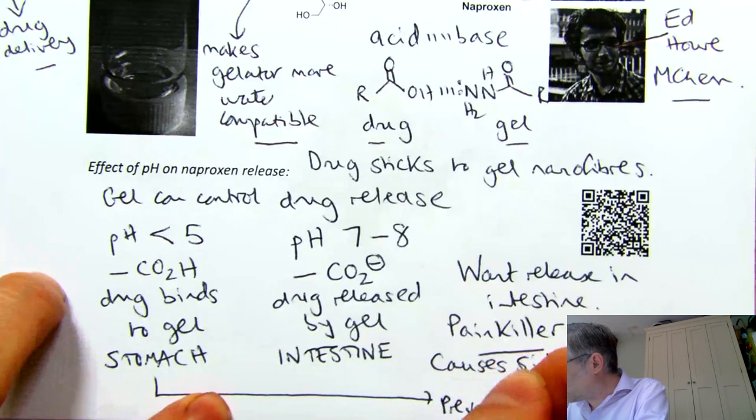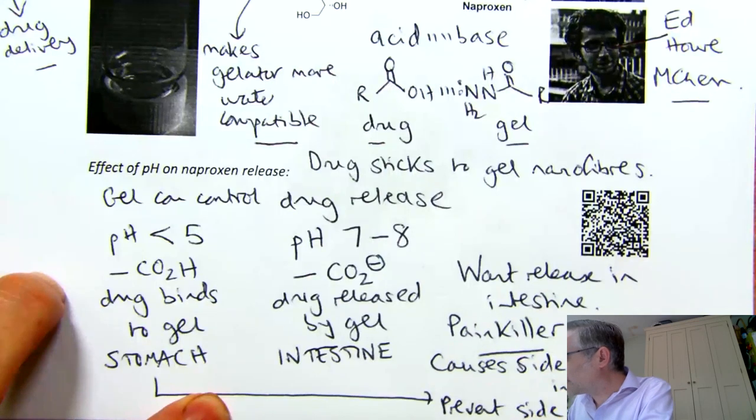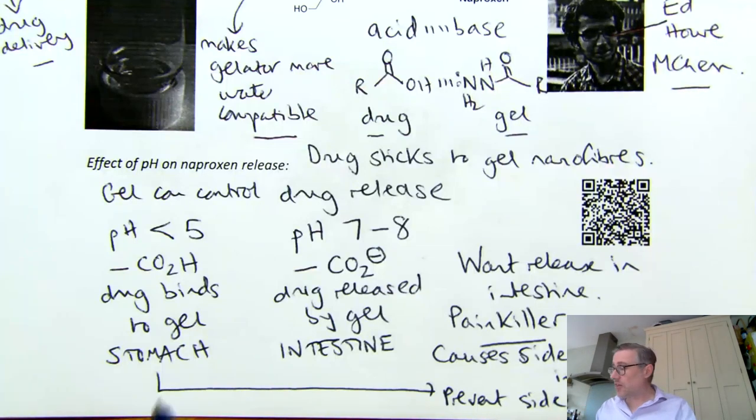What we're trying to do is prevent side effects by using this smart gel formulation that traps the drug by binding to it at the pH regime of the stomach and will only release the drug where you want the drug to be released, in the intestine, where it can be rapidly taken up into the bloodstream and be useful for the patient.